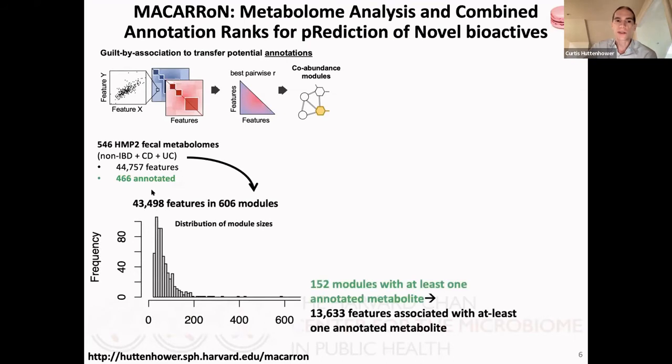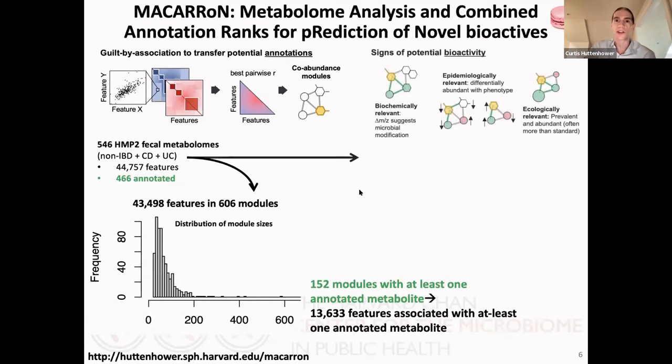MACARRON clusters those 40-odd thousand metabolites together into just over 600 modules, 150 of which contain at least one known metabolite. There's about 14,000 compounds that are included in these modules and thus have an opportunity to transfer some information using guilt by association. So this tells us something about what those uncharacterized metabolites might be.